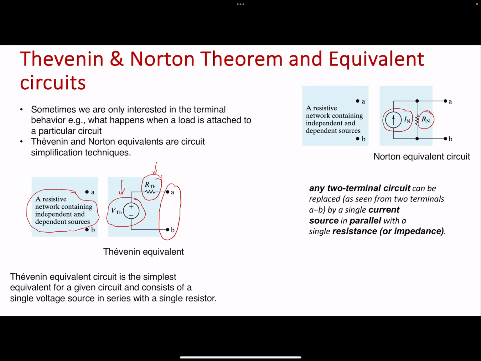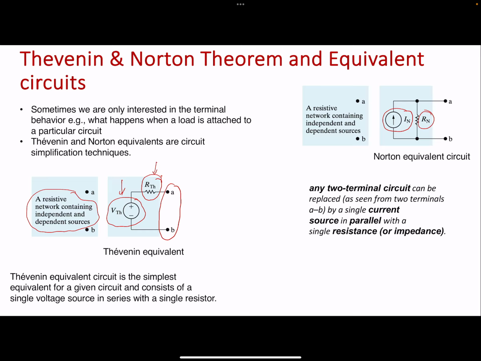Those resistors will be connected either in series or in parallel, so you can solve that series and parallel combination to find the equivalent resistance. That would be your RN and R Thevenin in the Norton and Thevenin equivalent circuits.